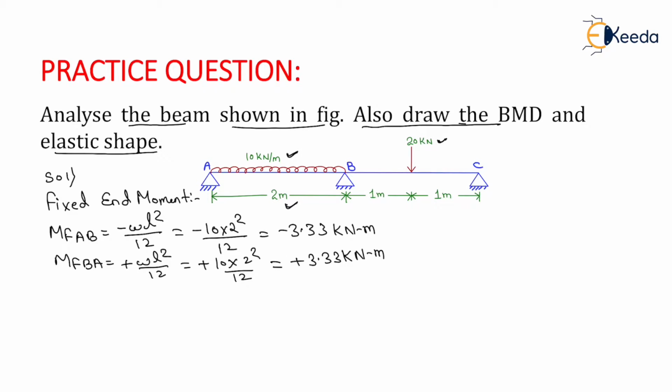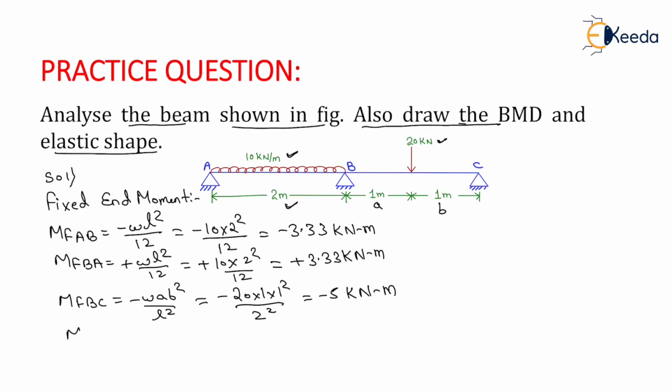Now, for finding the fixed end moment of BC, which carries a point load at the center, its value will be equal to minus WAB square upon L square. Putting the value of a as 1 meter and b as 1 meter, we get minus 20 into 1 square divided by 2 square. We will get this value as minus 5 kilonewton meter.